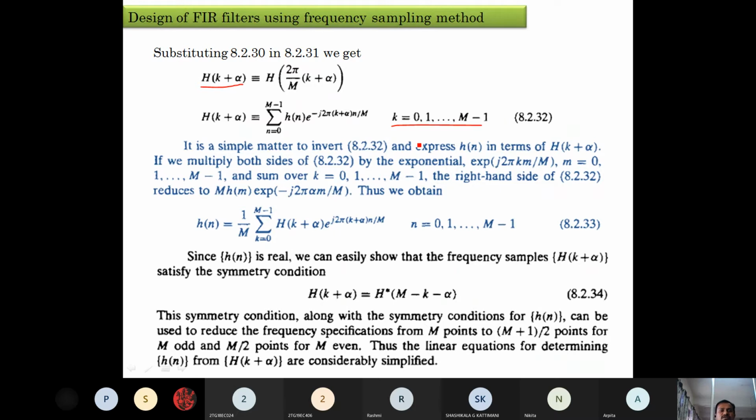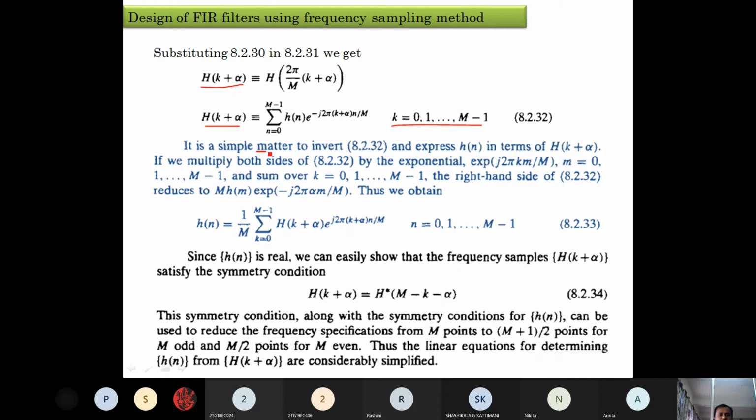Okay, so the total length of the filter is m. So the response is given by H of k plus alpha for the duration 0 to m minus 1.